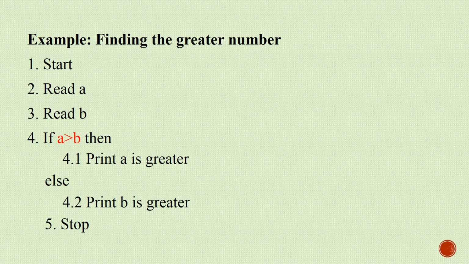What about step number 4? There is the selection, a condition being tested, which is shown in red. If A is greater than B, then 4.1 says print A is greater. Else 4.2 says print B is greater. And 5, stop. So here, this is how a selection statement is written in an algorithm.